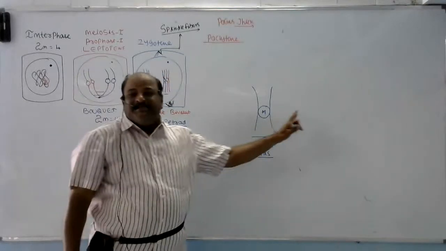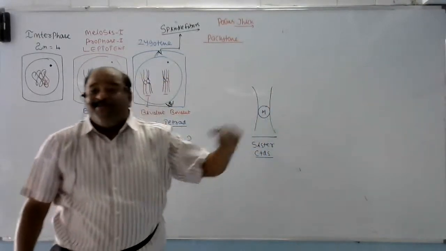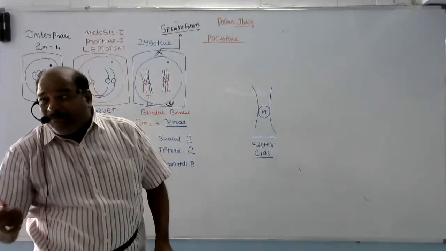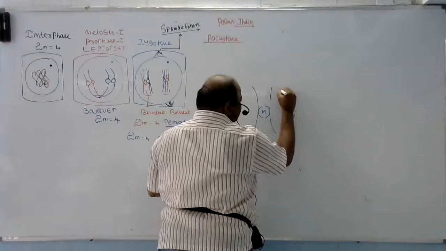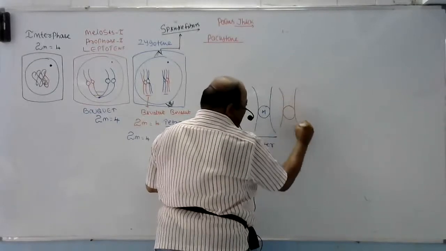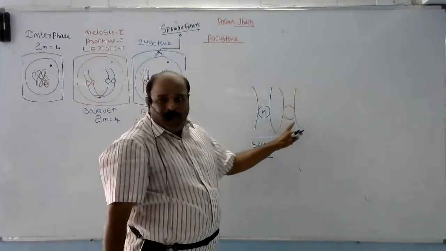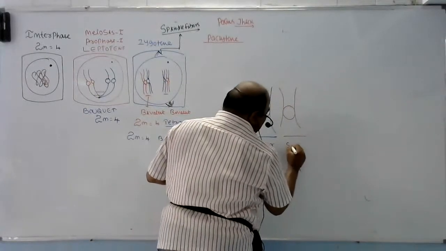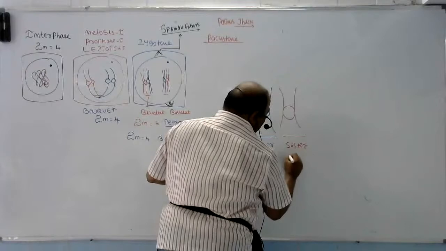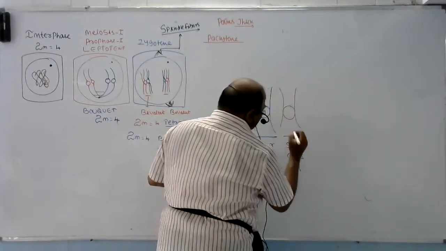Just beside this maternal chromosome in the bivalent, another chromosome is present. What is that? Paternal. This is the paternal chromosome. It also has its own chromatids. These 2 are also sister chromatids.